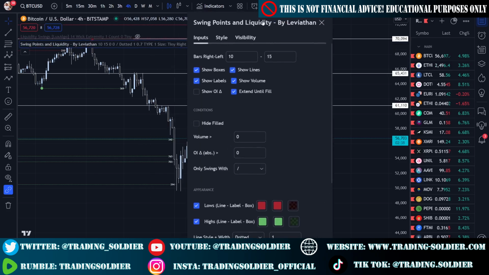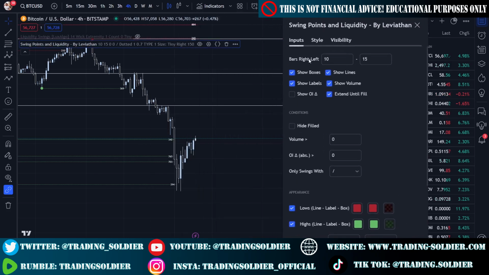So if you go here, you can see bars right and left. Now it's 10, but if you lower it, for example here, now you see that it prints. So if you want to adjust the look back period and see these signals earlier, and you are not able to spot these signals with the naked eye, reading just price action, you need to play with this, okay?